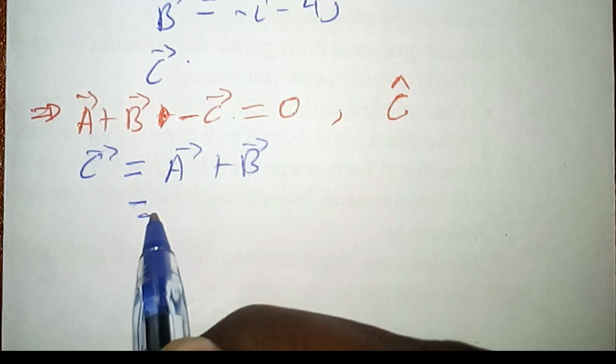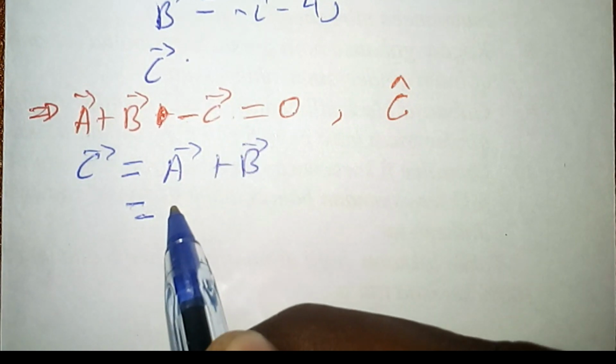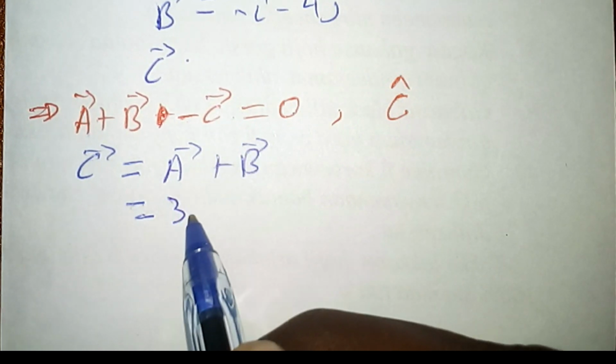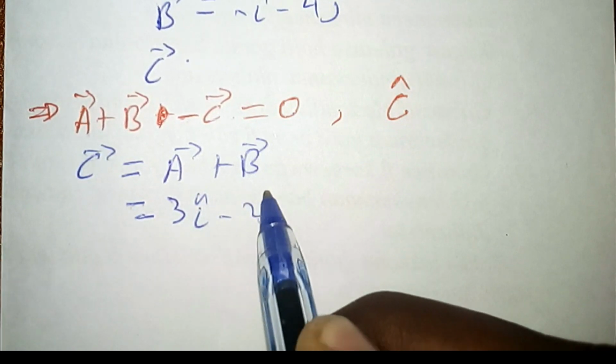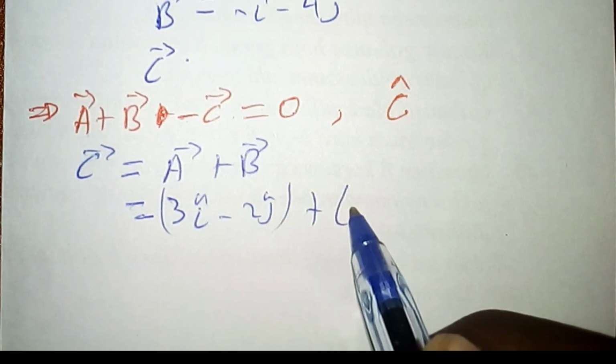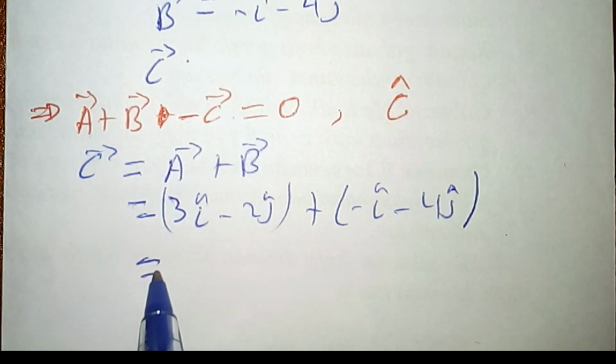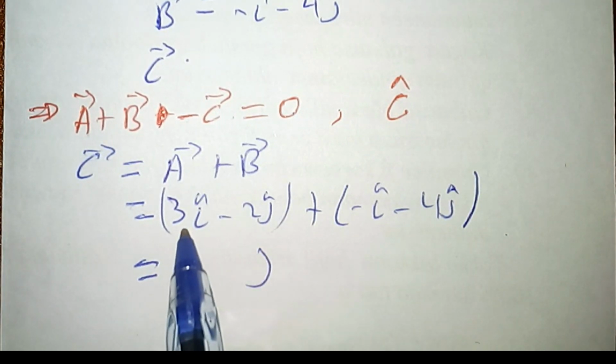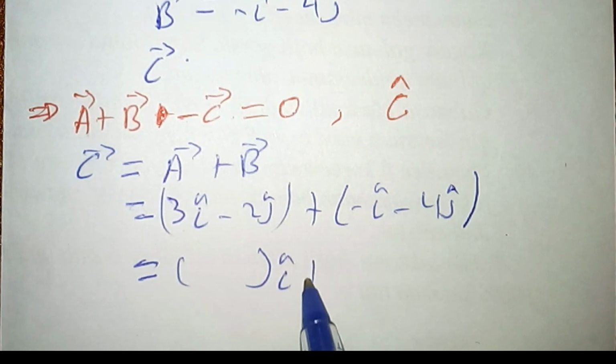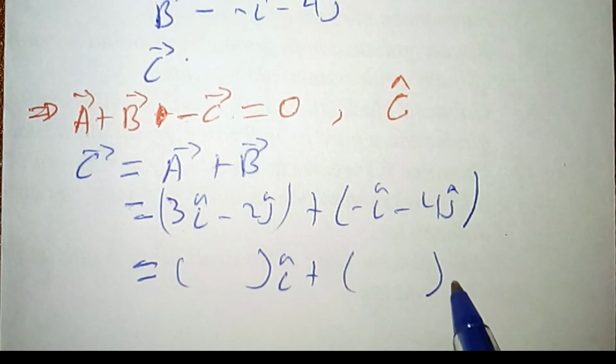Then we directly substitute for A and B, that is the sum of vectors A and B: 3i minus 2j plus minus i minus 4j. We add the i components together and the j components together.